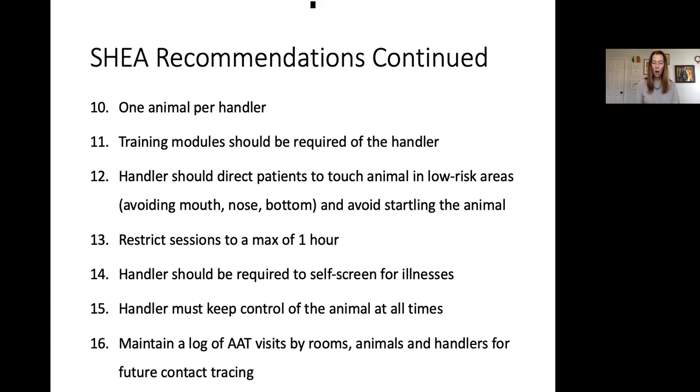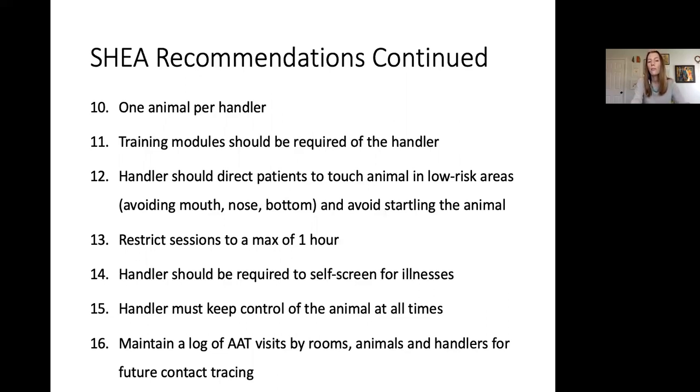And if there are any issues in terms of a bite or a scratch, they should be addressed right away. If an animal is ill or becomes ill, they should be removed right away. And that's going to protect the animal from any potential transmission risks and keep the animal healthier.